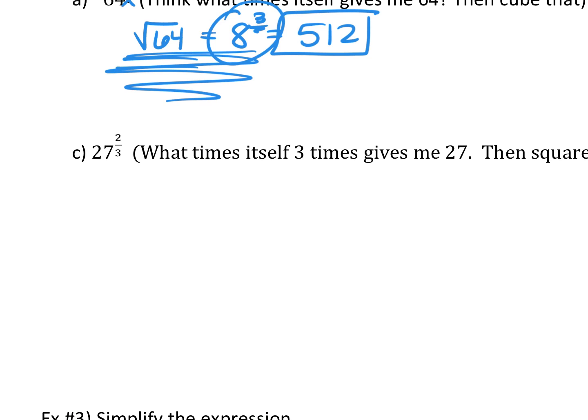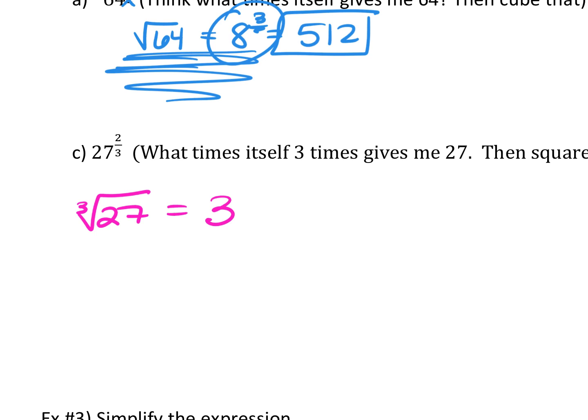Okay, so 27 to the 2/3 power. What are you going to do first? You're going to cube root 27, right? 3rd root of 27. What does that equal? What times itself 3 times gives you 27? 3. That's 3.